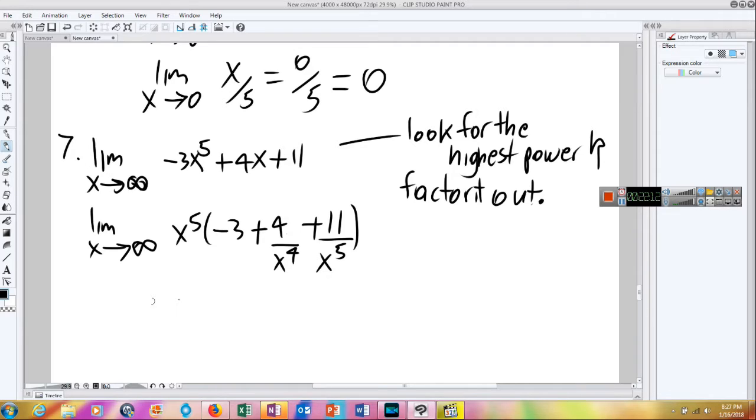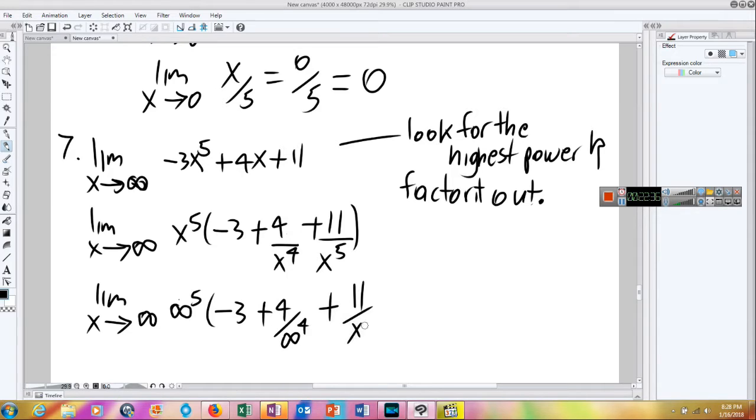And then the limit x tends to infinity, we're gonna say infinity to the 5th power multiplied by -3 plus 4 divided by infinity to the 4th power plus 11 divided by infinity to the 5th power.